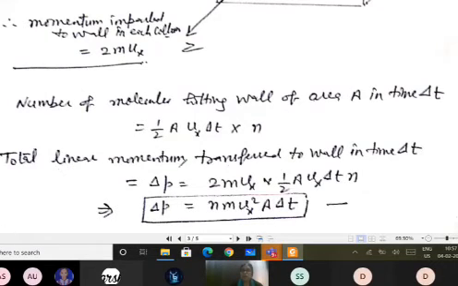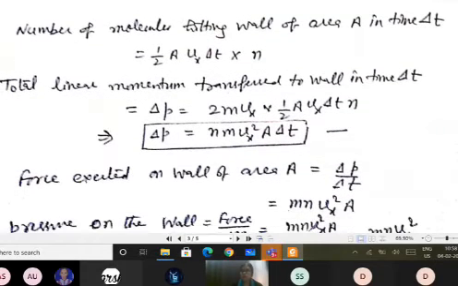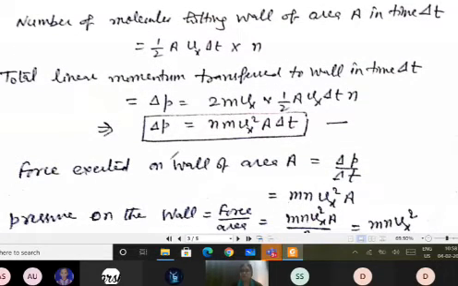Now the total linear momentum transferred is given by multiplying the momentum imparted by one molecule with the total number of molecules, so I will get n m vx square A delta t. This is the result for one molecule which we have assumed is moving along the x-axis, and we have taken the average value.